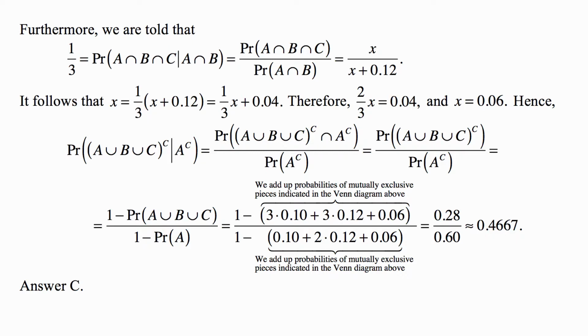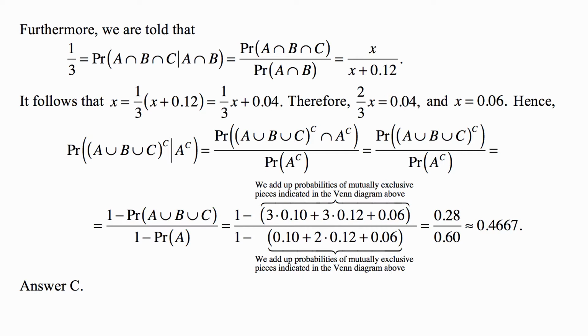However, the intersection of those two events in the numerator is only the first one, because it is the smaller of the two, and it's a subset of A complement. The complement of A union B union C is a subset of A complement. So this becomes the probability of the complement of A union B union C divided by the probability of A complement, which is 1 minus the probability of A union B union C divided by 1 minus the probability of A.